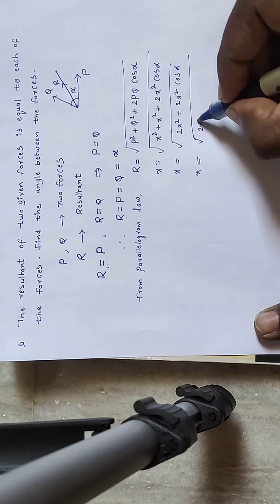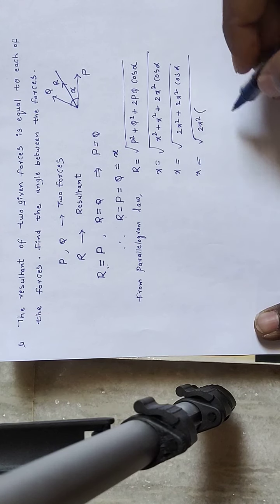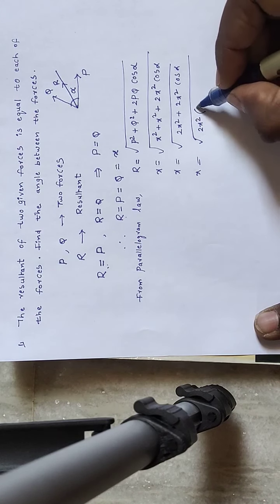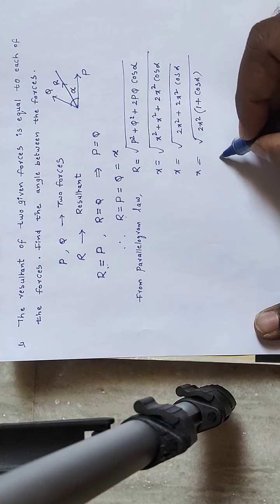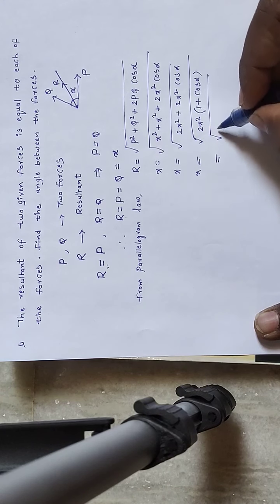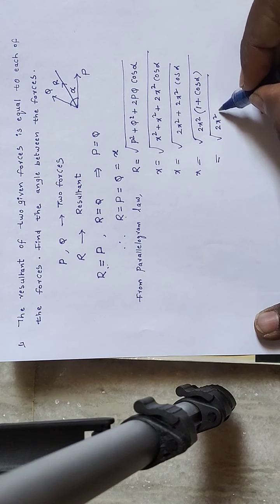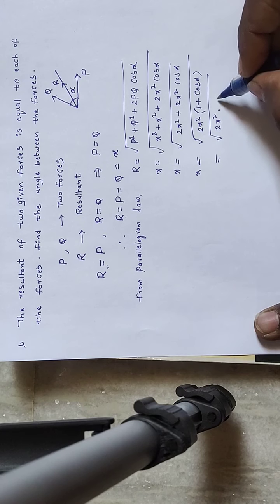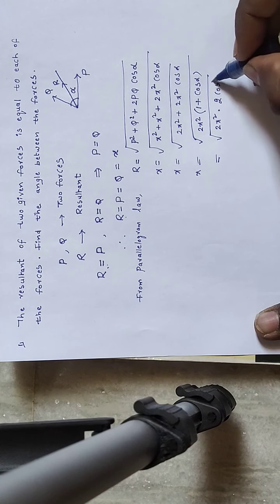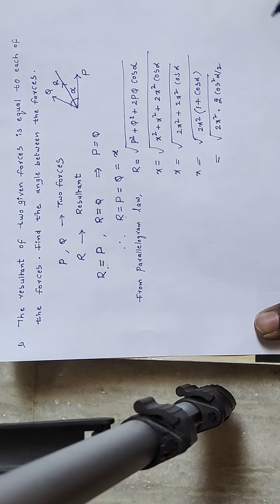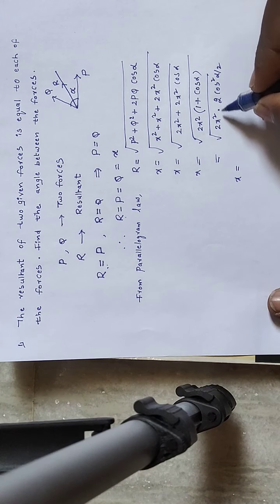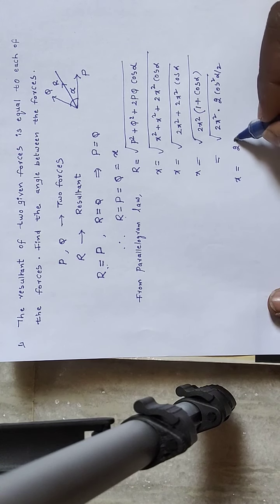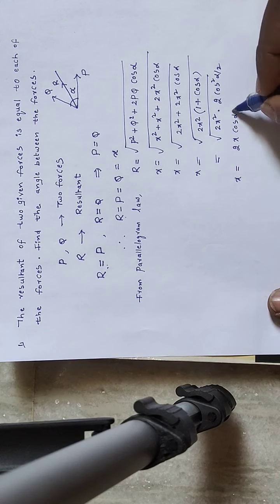If you take 2X square as common, then 1 plus cos alpha. 2X square into 1 plus cos alpha means 2 cos square alpha by 2. So X equal to under root of 2X square into 2 cos square alpha by 2.